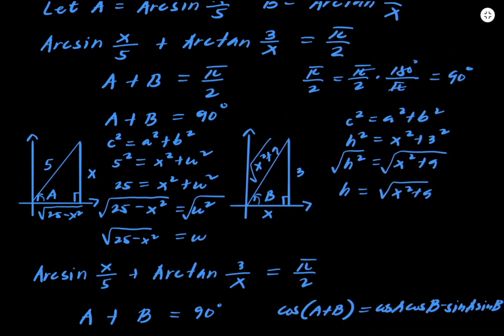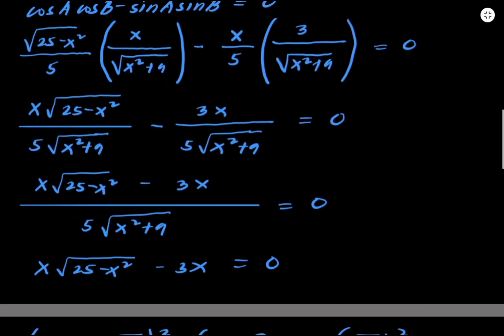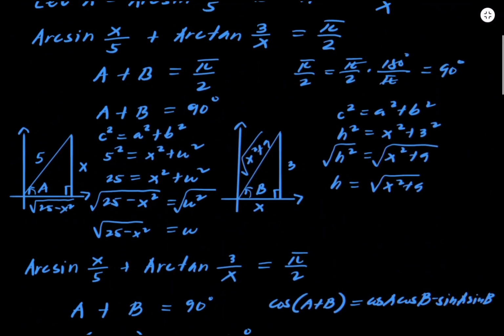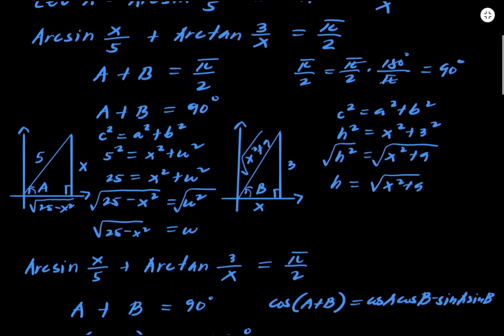So if x is equal to 0, yeah, 0 is okay. How about negative 4? So if x is equal to negative 4, so 5, so this is 16. 16, this is 3. So 3 here, and 5, and this is negative 4.